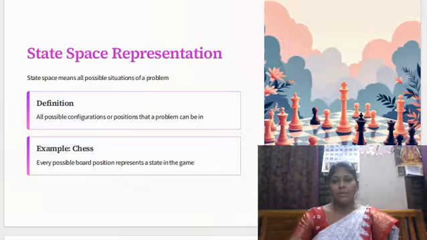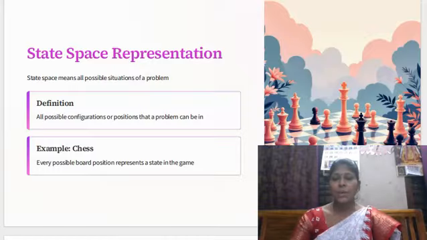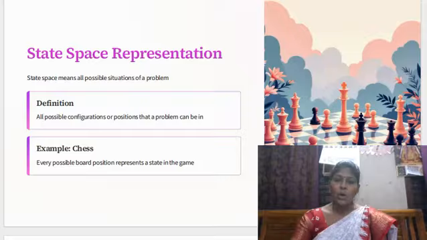Today we saw many important things, that is agent and environment. What is meant by agent? An agent is an entity that acts. The environment is the surroundings, which uses sensors as input, and actuators are the outputs. Next, we saw the problem formulation concept, which has four things: initial state, goal state, actions, and path cost.